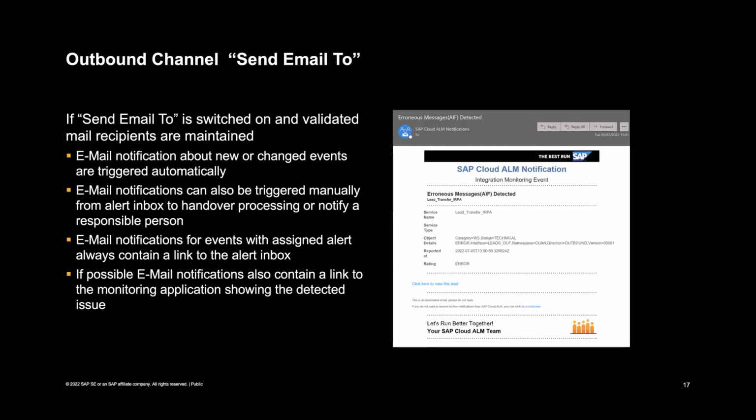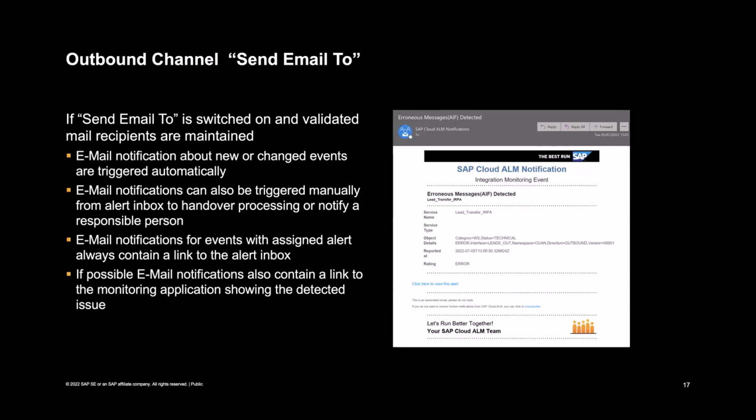It is important that an email notification can only be sent to validated email recipients. This means the recipient must have been added to our Cloud ALM notification management, and the recipient needs to actively approve sending of email from this Cloud ALM tenant to his personal email inbox. This is a two-step approach. So one administrator needs to add the user.